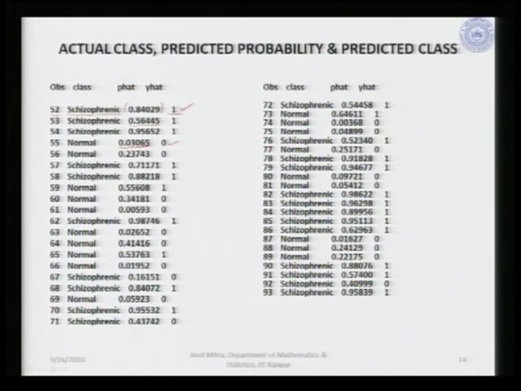So this is correctly classified, this is correctly classified, these are also correct classifications. However, this is a wrong classification because we have this probability greater than 0.5, so we classify it as y equal to 1, that is, the predicted class membership is schizophrenic, which is wrong because the actual membership is normal, and we have all other records in a similar way.